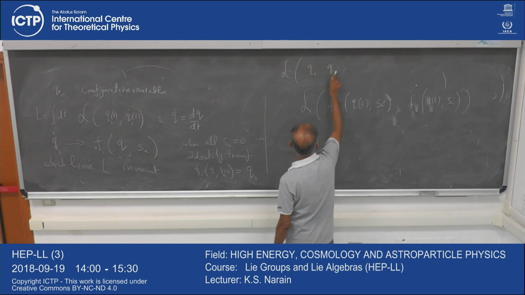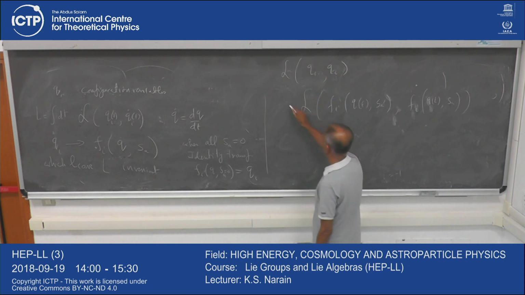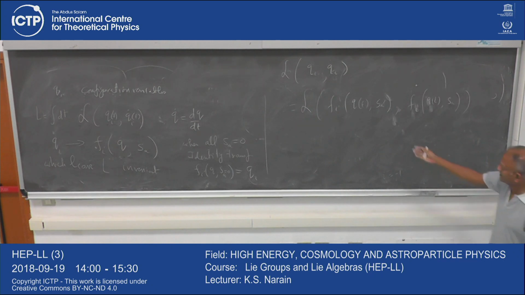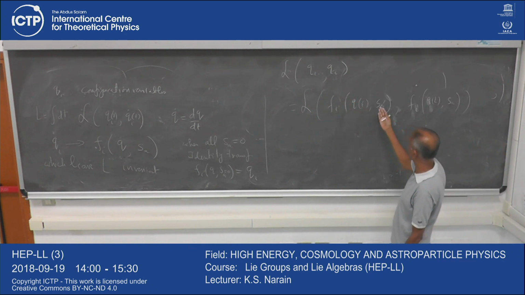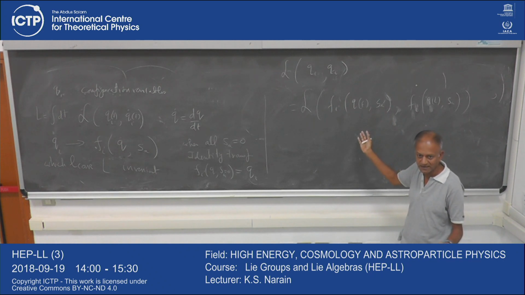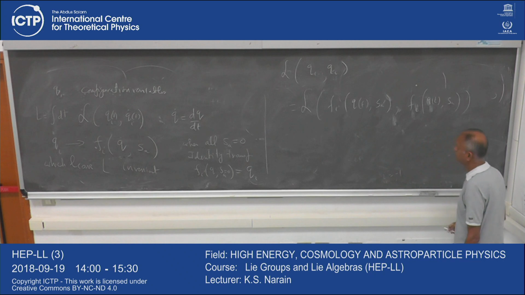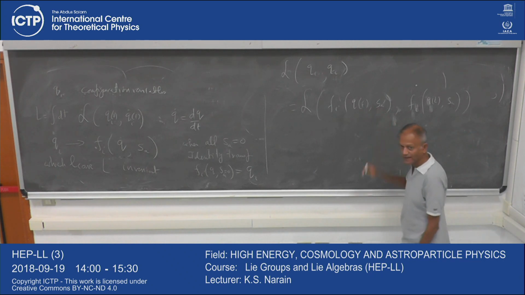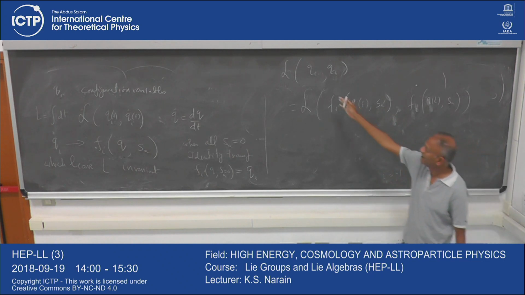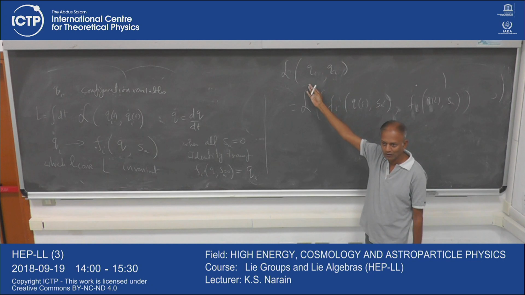L(q_i, q_i dot). Which is the same statement that when I make this transformation, the Lagrangian does not depend on the parameters s^a. That's why it's a symmetry. Right? But if so, I can take the derivative with respect to s^a on both sides. The left hand side clearly does not depend on s^a, so that is 0.